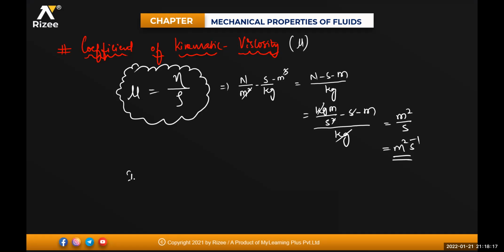In CGS system, the unit is centimeter square per second. 1 centimeter square per second is known as 1 Stokes, beta. Very important conversion.